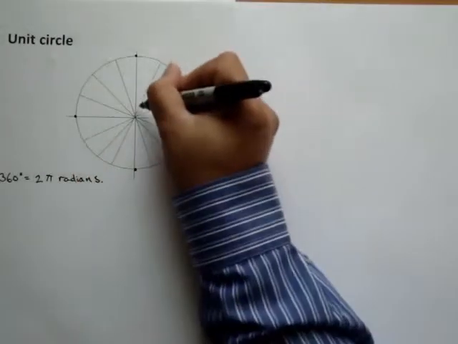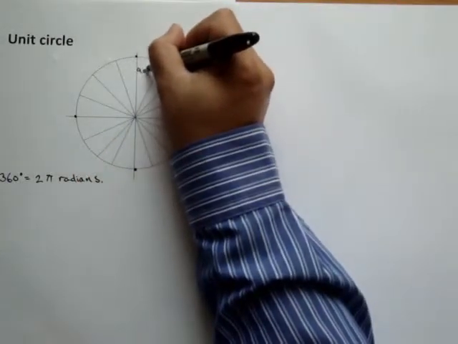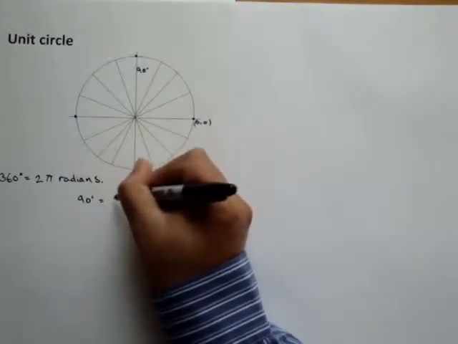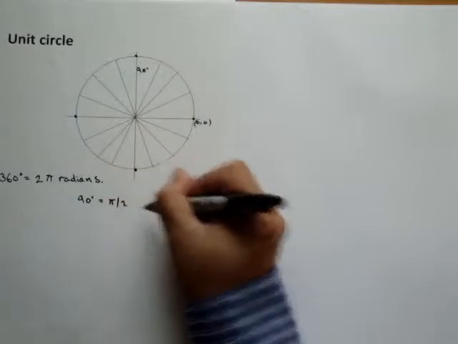At 90 degrees, which is here, this would be pi over 2 radians.